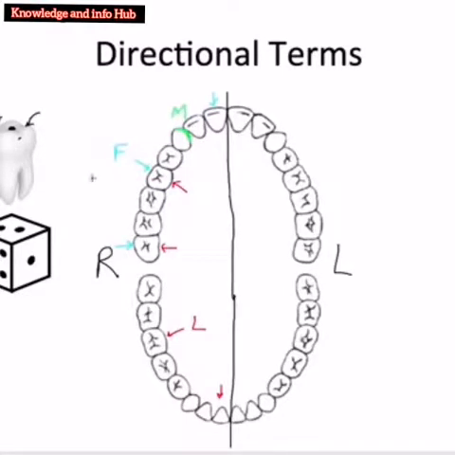So M for mesial. Whereas the side pointed away from the midline is called the distal surface. So mesial and distal are incredibly important terms to know, as well as facial and lingual. So that covers about 4 of them. So we have one more to talk about, and that's going to be this surface right here.